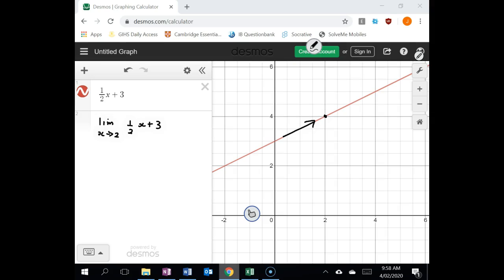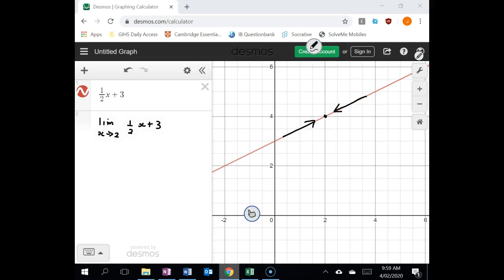And so I can do that from both ends. You see, I can come down. That sounds real creepy. I'm going to come down and say, what are the values of the y coordinates as we come down that arrow? Because they should both be coming towards the same point.